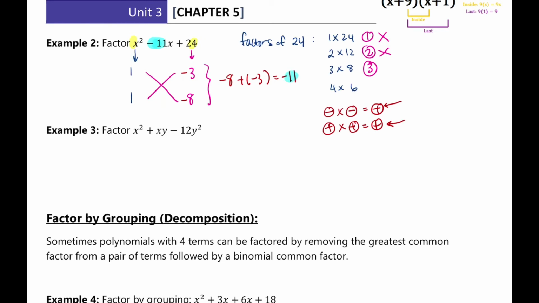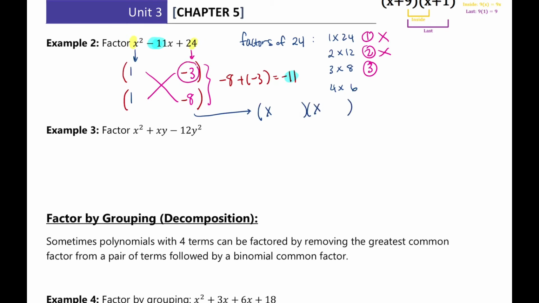Next step is to create the brackets horizontally for the first row and then the second row. So let's rewrite this. We have variable x, and we have another variable x here. Our negative 3 will come right here, and negative 8 will come right here.